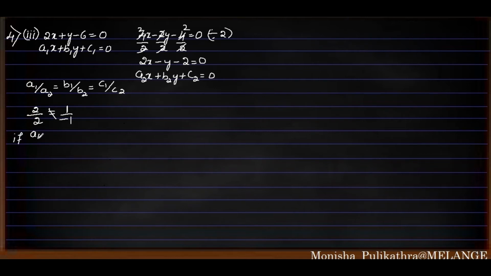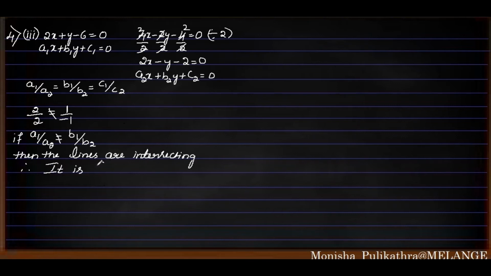So if a1 by a2 is not equal to b1 by b2, then the lines are intersecting, and if the lines are intersecting, it is consistent. So if it is consistent, we need to plot a graph for it.